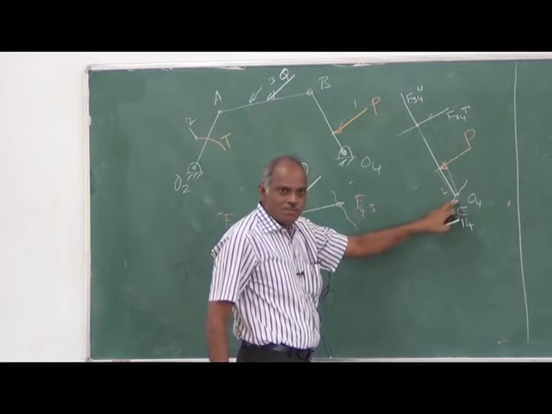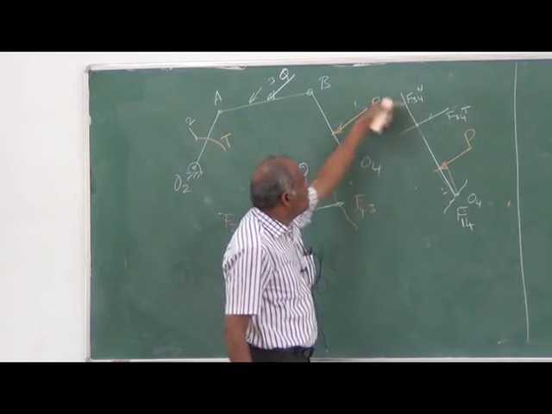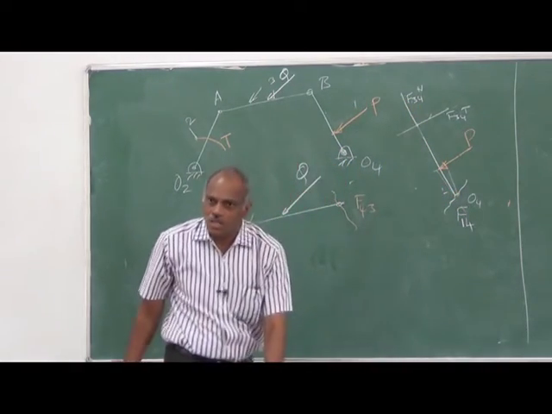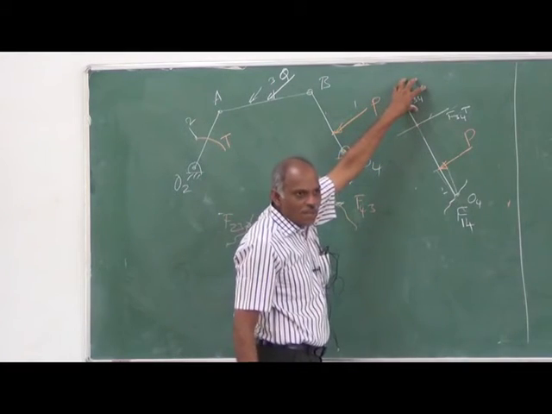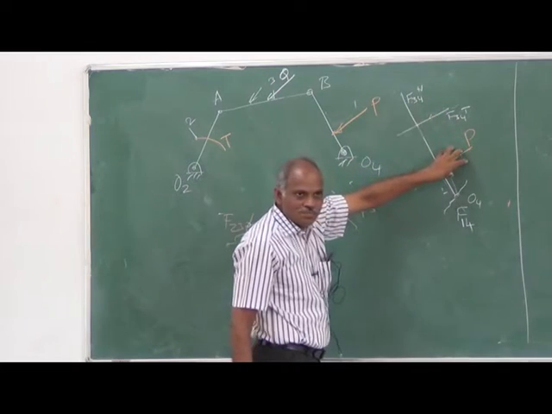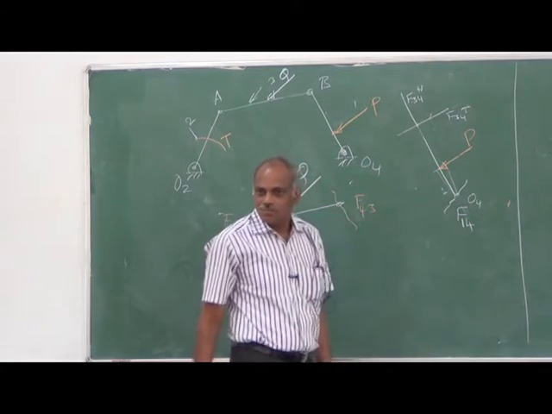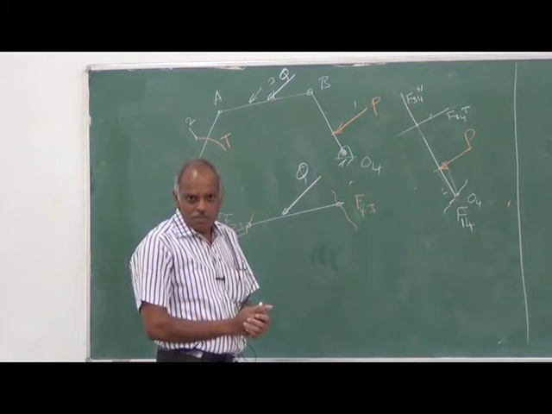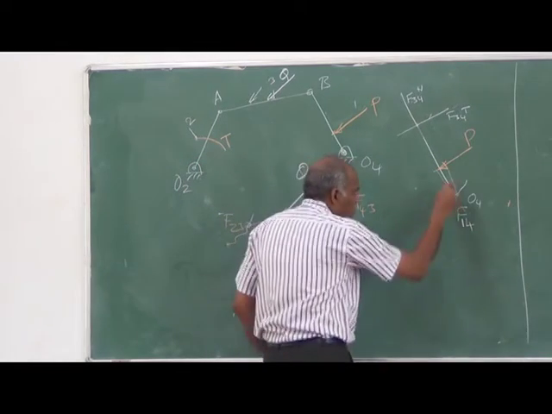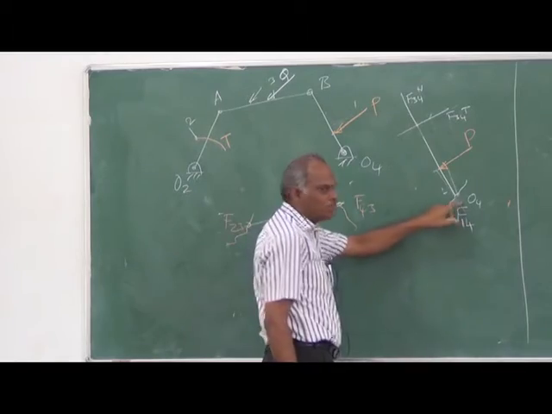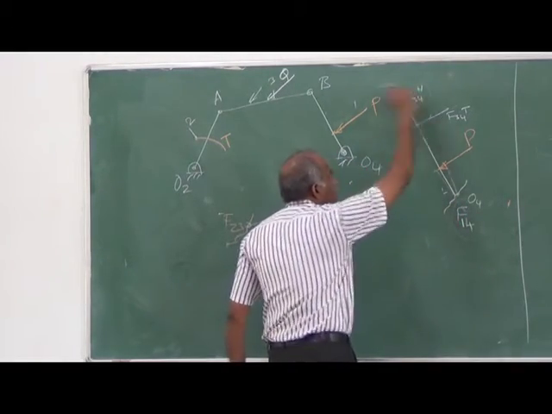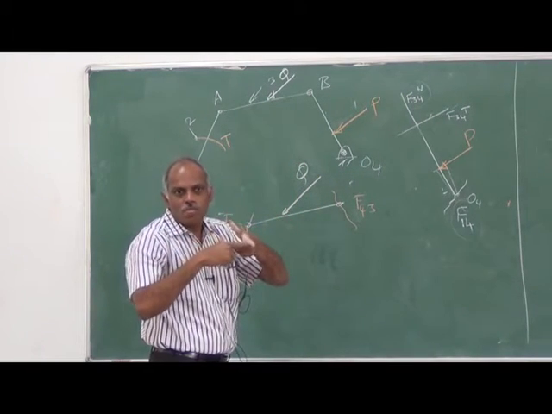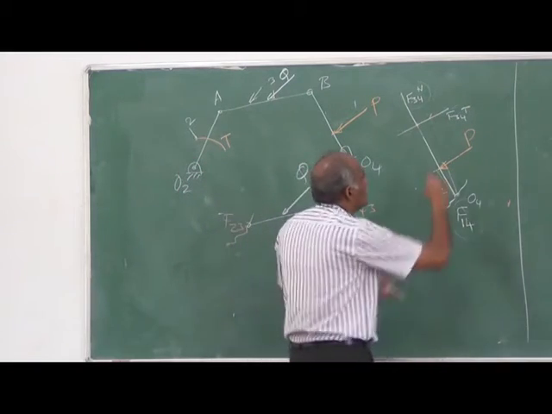Then P will have a moment, but the normal component also intersects O4, so its arm is 0 and it plays no role. Only two forces produce a moment, and for equilibrium they should produce equal and opposite moments. The other two forces pass through the moment center, so their effect is 0.